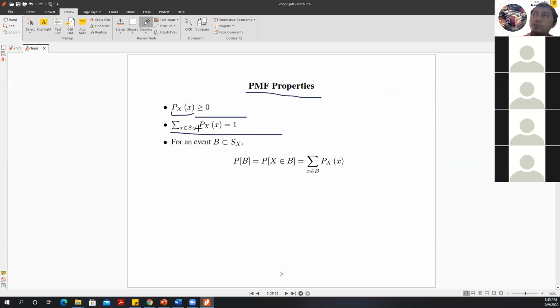For this one, representing the sample space, the total probability of the outcomes should be equal to 1.